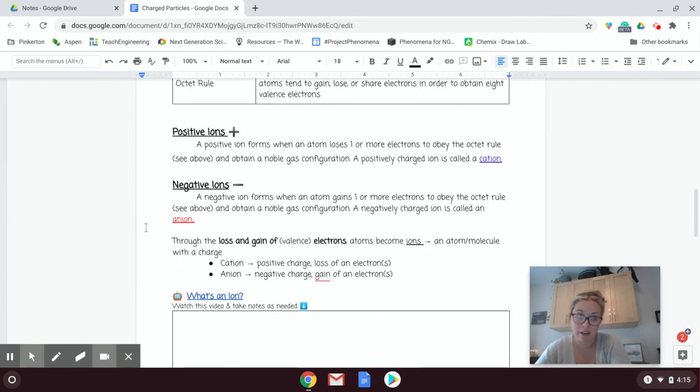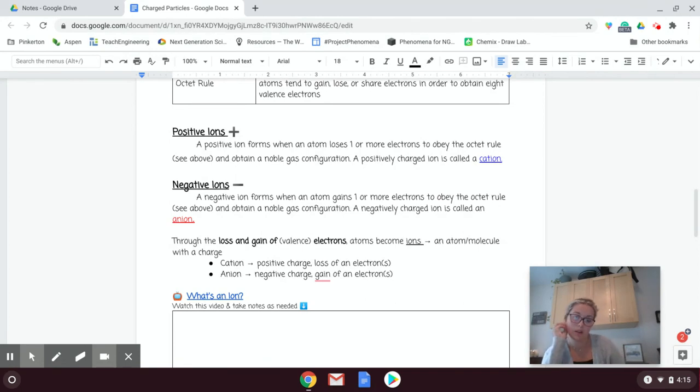So positive ions. Positive ions form when an atom loses an electron. It is called a cation. A negative ion forms when an atom gains an electron. That's called an anion. I know I've already talked about these words with you a little bit, but this is just really getting down into the definitions of it.